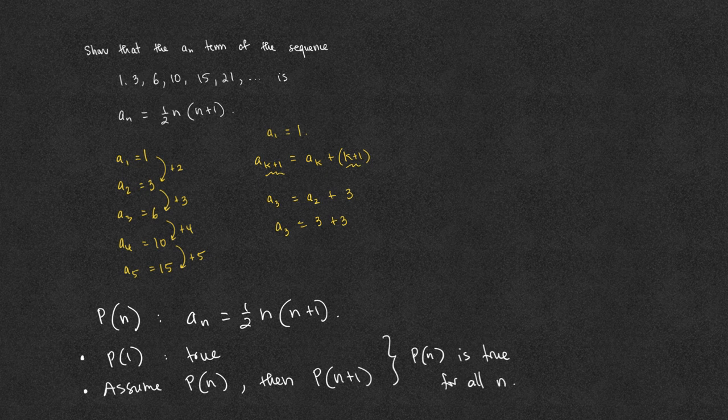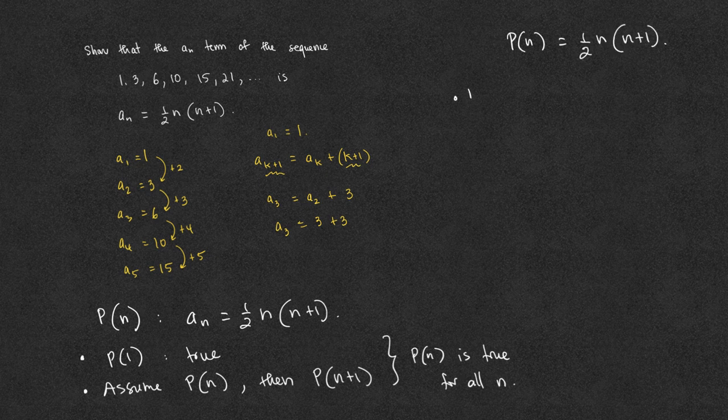So to use the principle of mathematical induction, we first state the statement. The statement about the natural numbers is that p sub n is the statement 1/2 n times n plus 1.